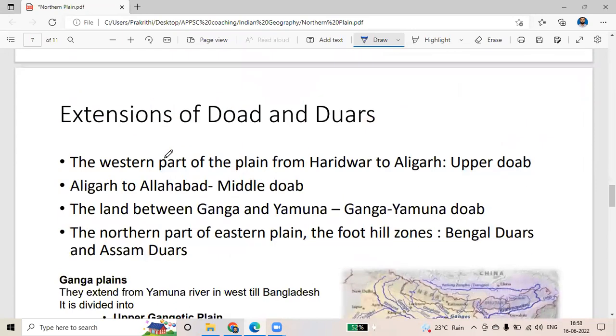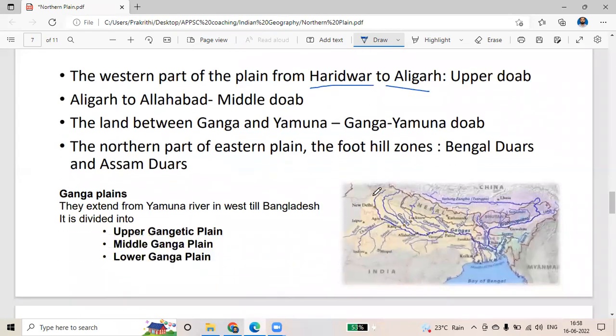So let's see what are the important DOBS of eastern plains. One is the western part of the plain, that is between Haridwar and Aligarh. Haridwar region से Aligarh region, that is in UP region तक, there is one बड़ा द्वाब है, that is known as the upper Dwabs or upper Ganga Dwabs.